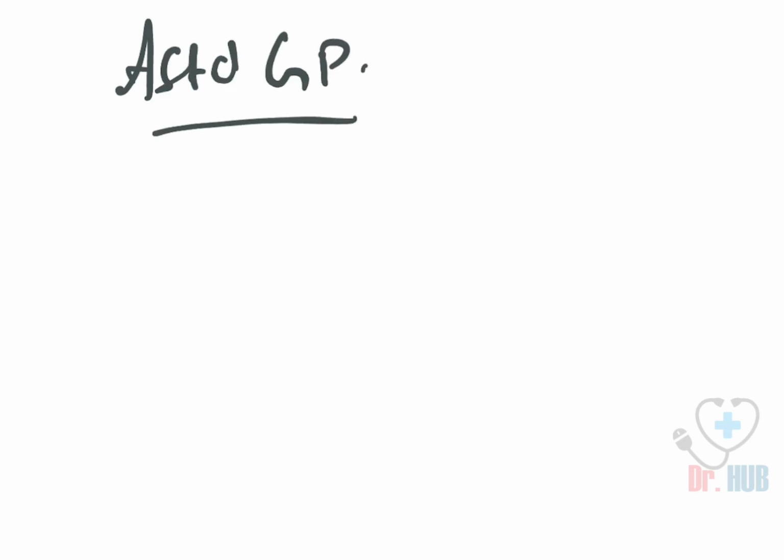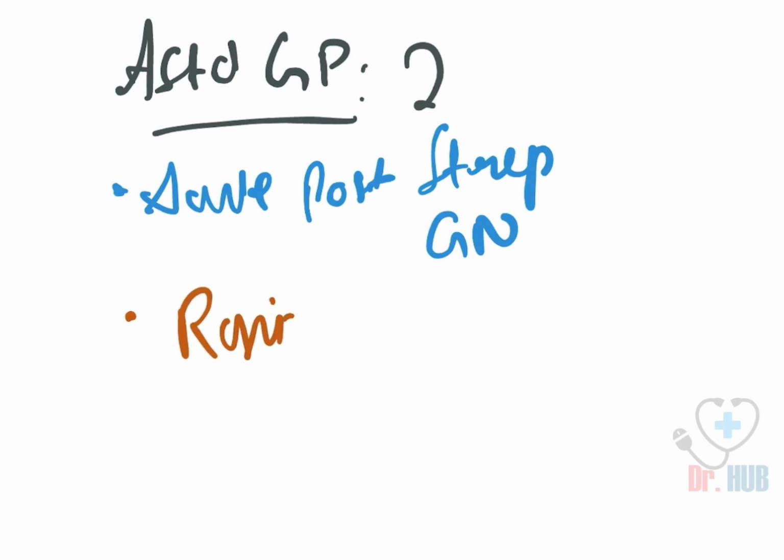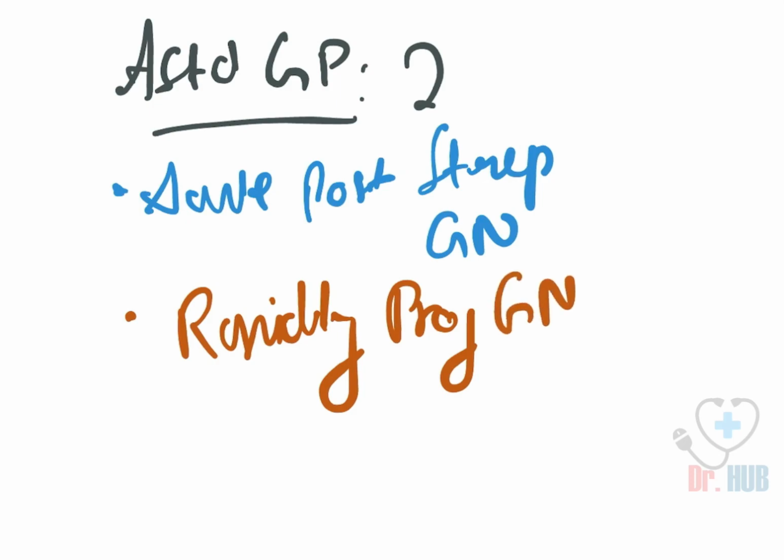Now we jump to the associated glomerular pathology. In case of the associated glomerular pathology, it includes acute post streptococcal glomerulonephritis. Next, it also includes rapidly progressive glomerulonephritis, that is crescentic.